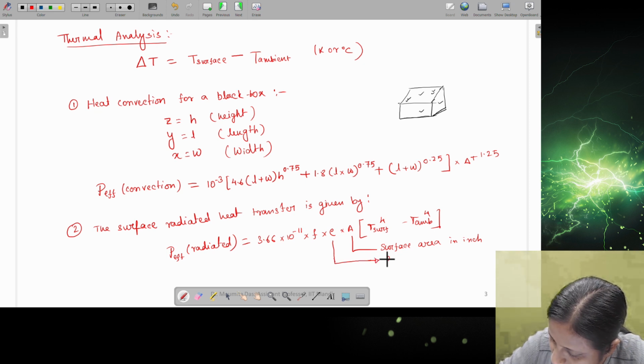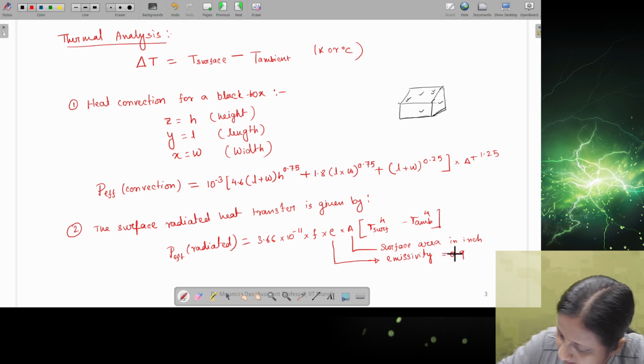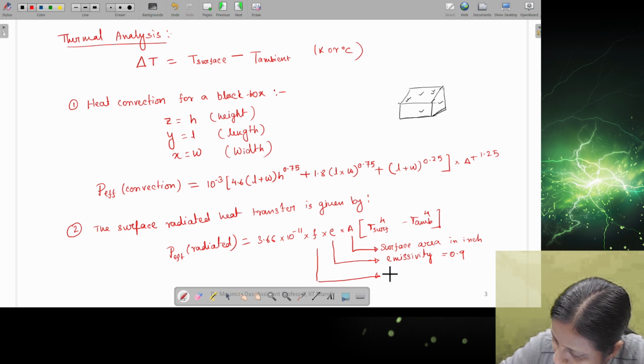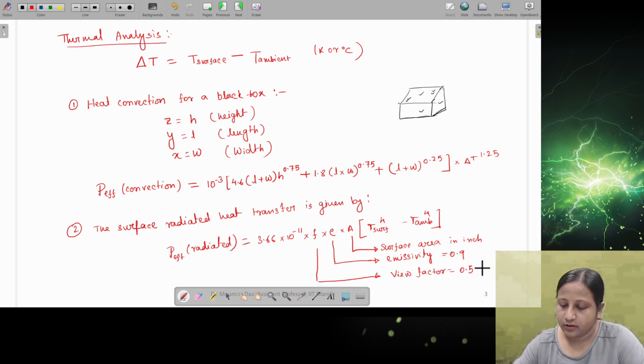Then this is emissivity, which is generally considered as 0.9, and this factor F is the view factor, which is considered as 0.5, right?